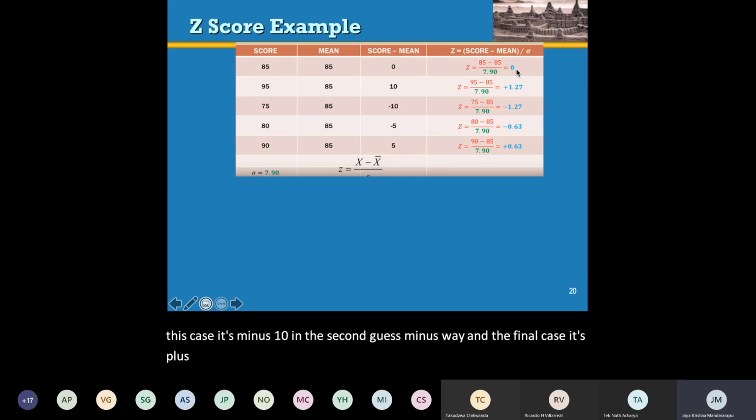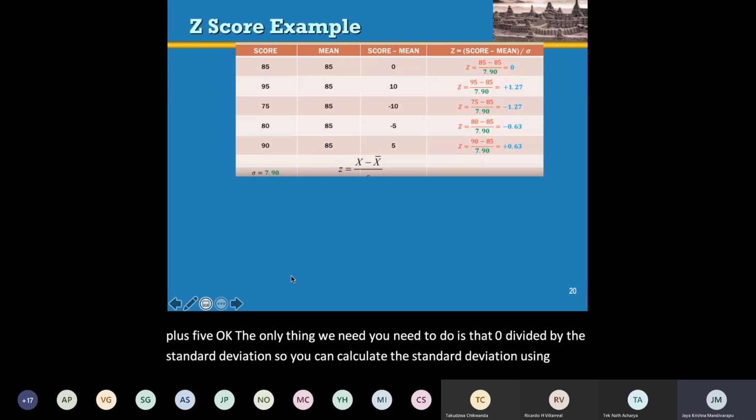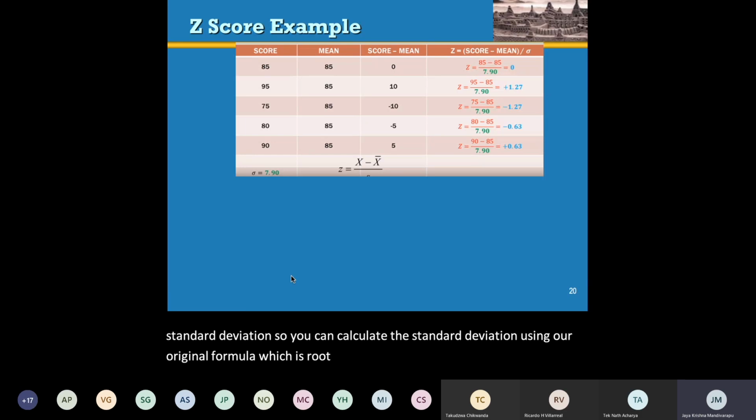Then divide by the standard deviation. You can calculate the standard deviation using our original formula, the root of the sum of (x minus x bar) squared divided by n, the total number of observations. The standard deviation would be 7.90.